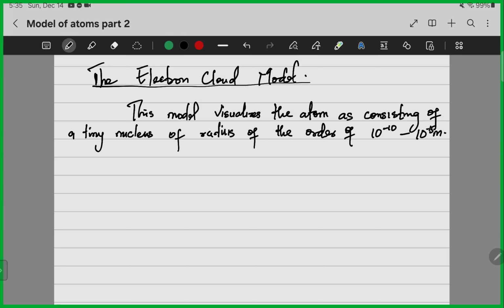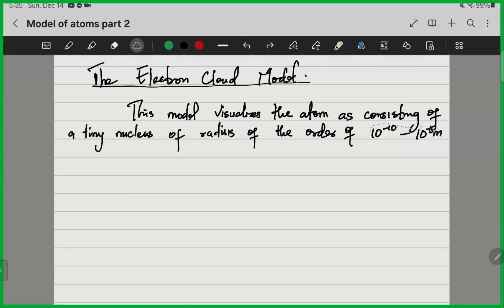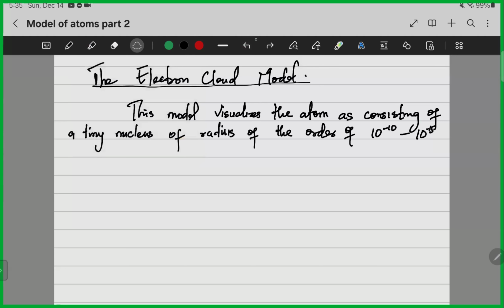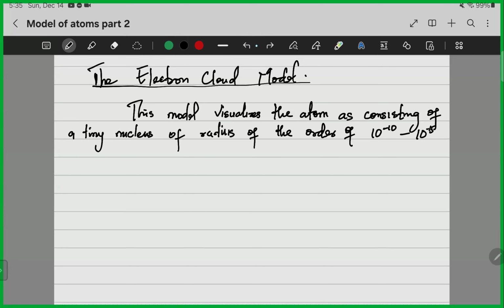Let me erase it and write it again so that you know the number I'm writing properly. 10 to the minus 10 to 10 to the minus 15 meter.